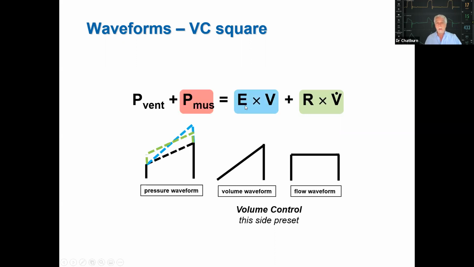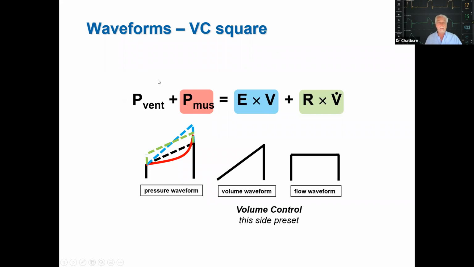On the other hand, if we see an increase in elastance, we'll see an increase in the slope of this pressure rise. And if we get an increase in the muscle pressure on the other side, what we see is a scooping out of the pressure waveform. Now, why would that happen? Well, it's because, again, the right-hand side of the equation is controlled. So that means that the pressures on this side are the same.